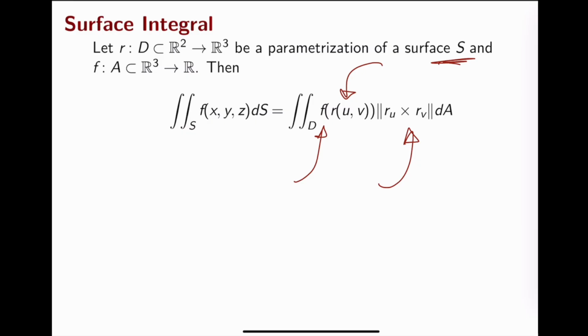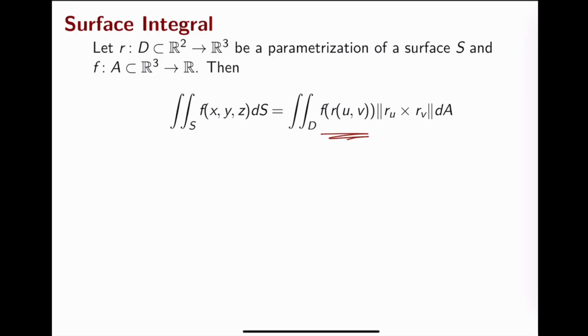The normal vector is calculated by the cross product of Ru and Rv that we have seen before, the ones obtained by calculating the partial derivatives. Observe that this is a double integral over a domain in R2, as we have seen before.